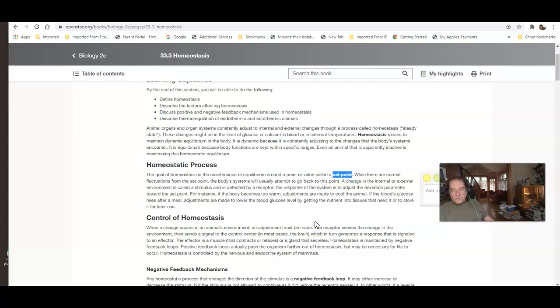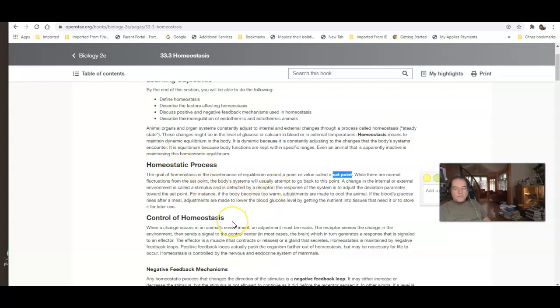It varies, wandering around between day and night and other stimuli as well. But it tends to stay narrowly on either side of around 98.6 degrees Fahrenheit. And that is a homeostatically regulated mechanism.